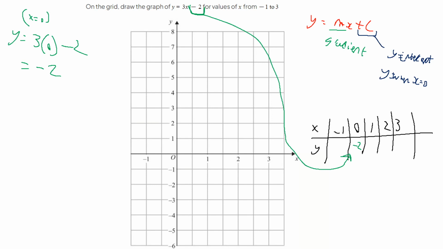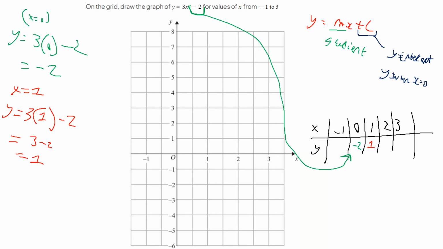Now let's look at the other values. Let's do it for x equals 1. For x is equal to 1, y is equal to 3 times 1 minus 2, which is 3 minus 2, which is equal to 1.